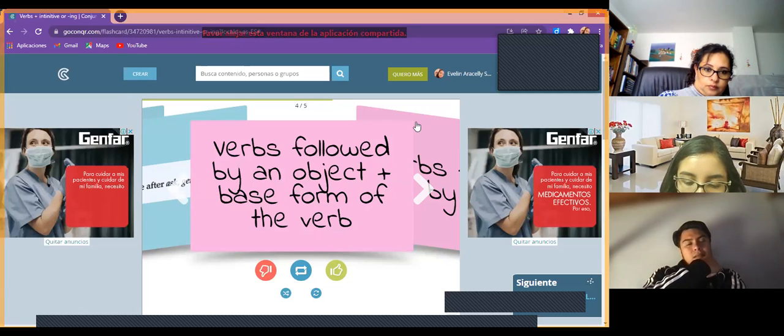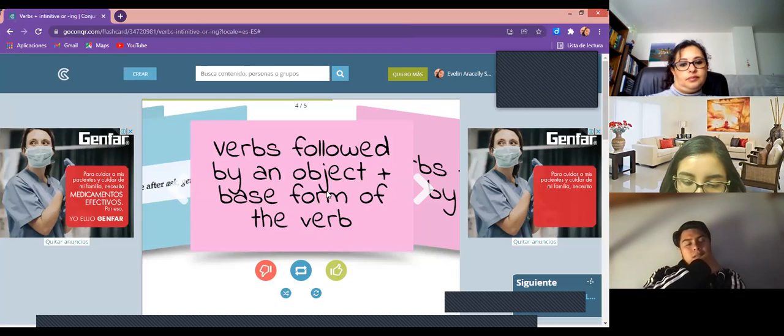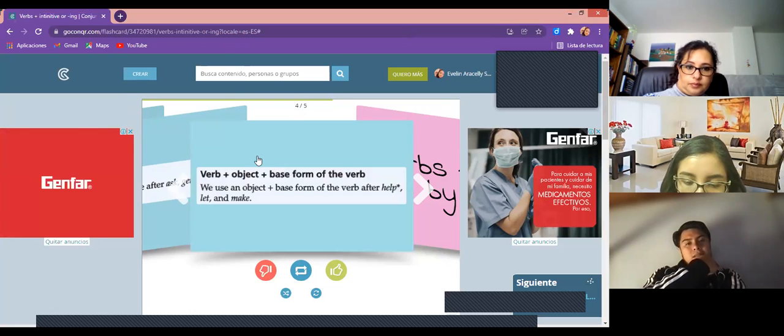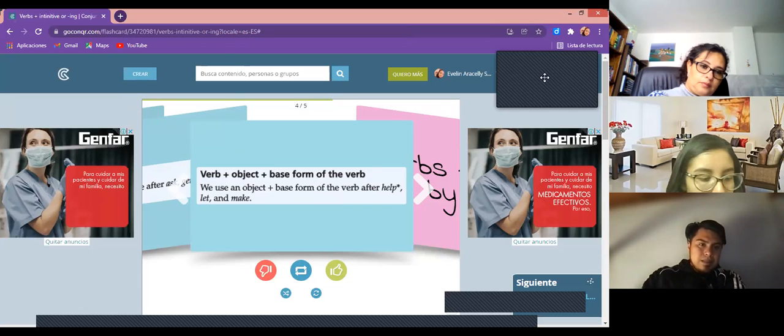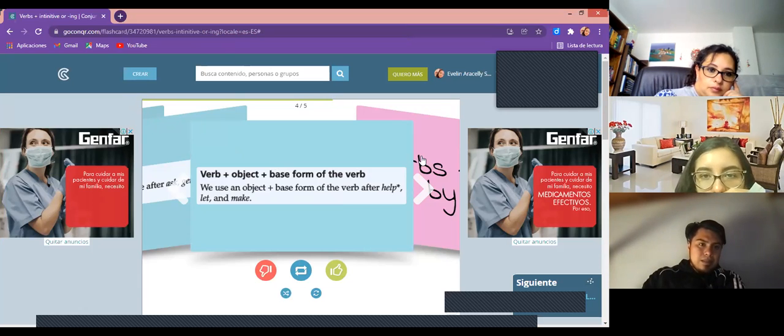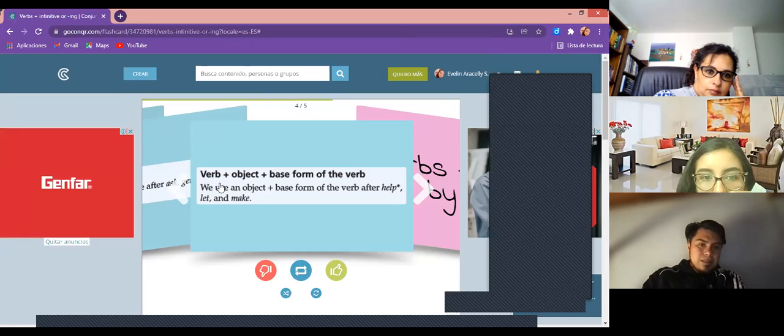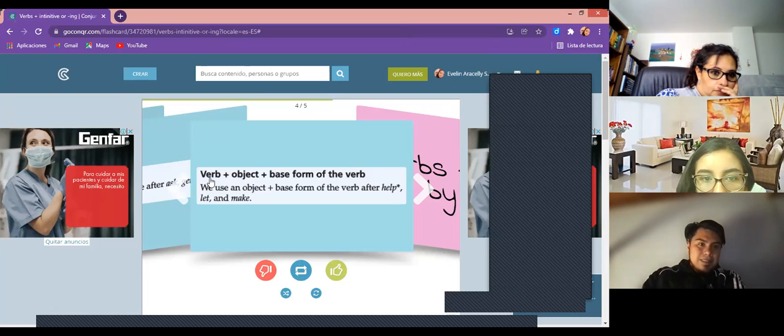Can you see the flashcards? Yes. Okay, so thank you. Here we use an object plus the base form of the verb after the verbs help, let, and make. So maybe, Maria, could you help me making a sentence using this structure?